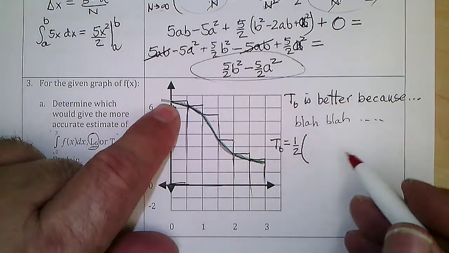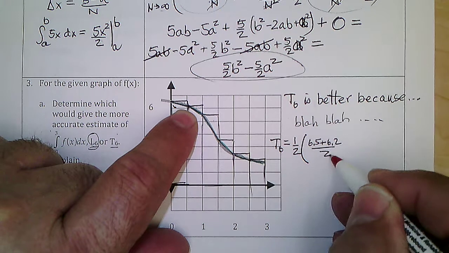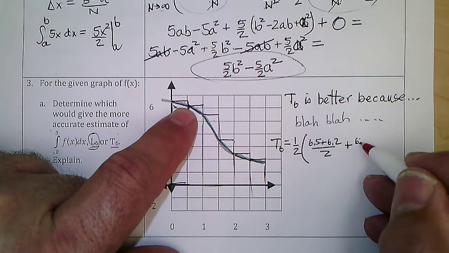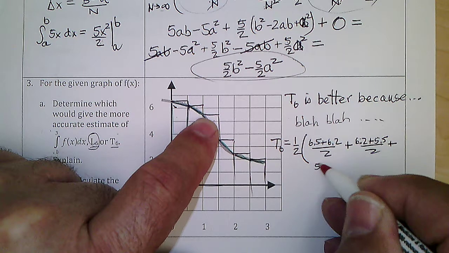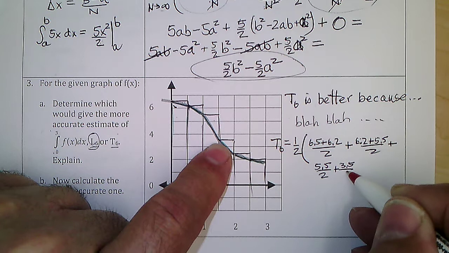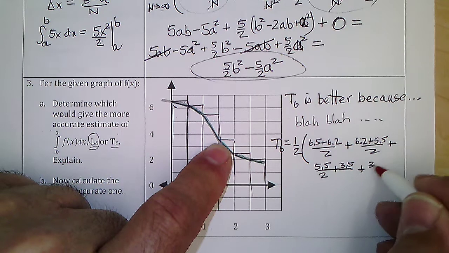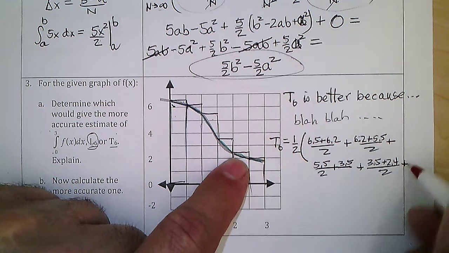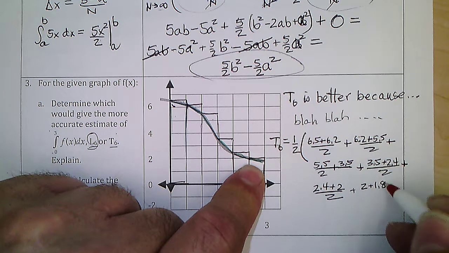And they did the left height, which is 6.5, plus the right height, 6.2, divided by 2, and that's the correct height, times the width of a half, and that would be for the first one, plus 6.2 plus about 5.5 divided by 2, plus 5.5 plus 3.5 divided by 2, plus 3.5 plus 2.4 divided by 2, plus 2.4 plus 2 divided by 2, plus 2 plus 1.8 divided by 2.